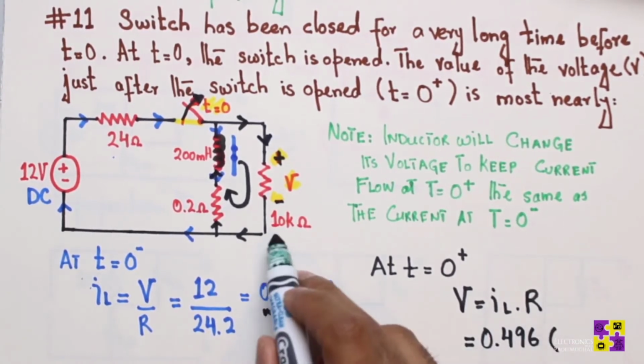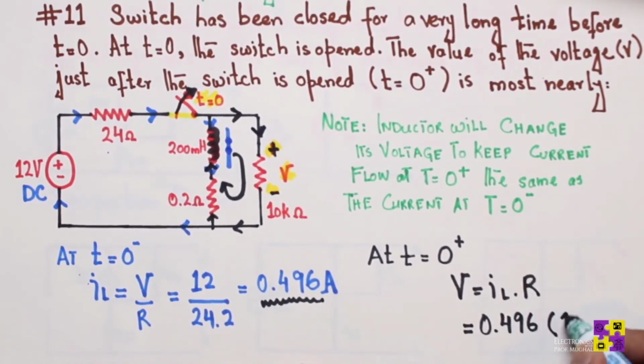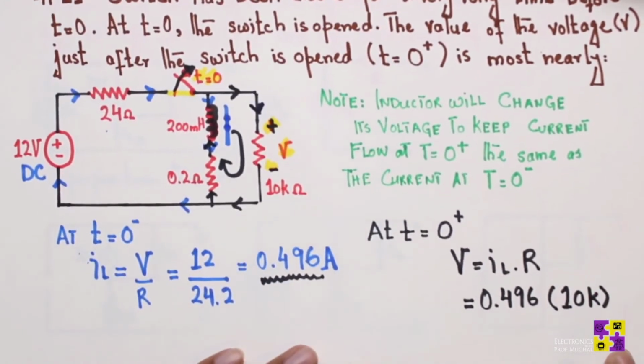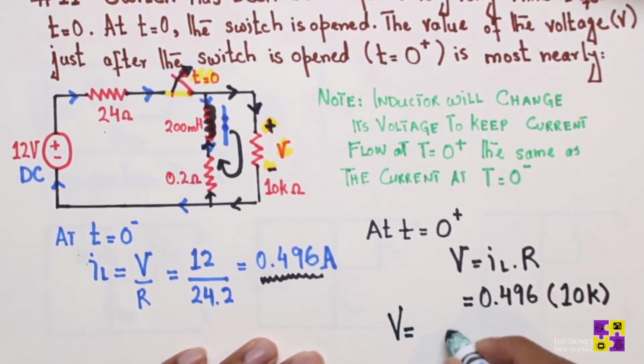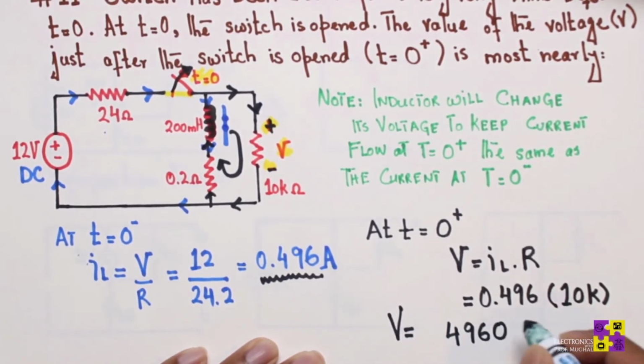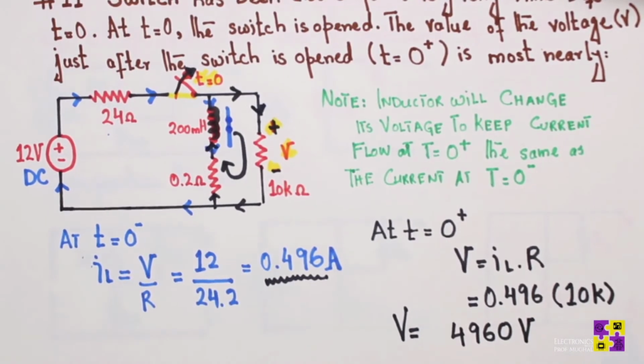The resistance here is 10 kilo ohm, so I have 10K here, correct? Now, if I do the math, I get the voltage 4960 volts here, correct?